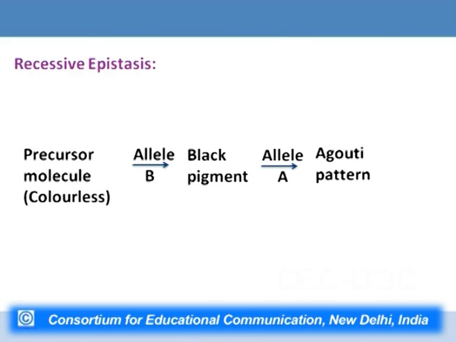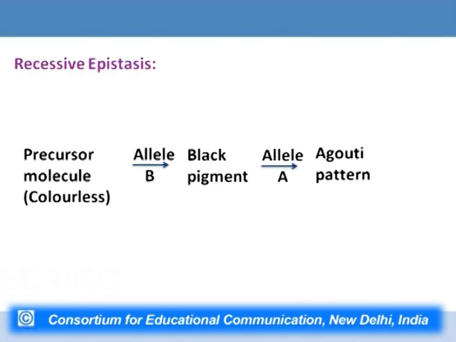This interaction results because the precursor molecule for pigmentation is acted upon by the product of the dominant B gene. When this gene product, the B enzyme, acts on the precursor molecule, it leads to formation of a pigment which is black in color. This black pigment is then acted upon by the product of the capital A allele, which leads to formation of the agouti pattern.